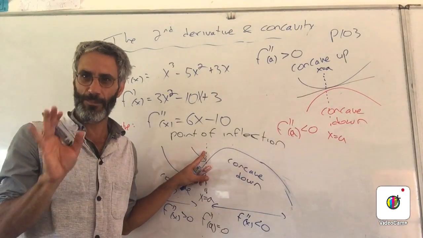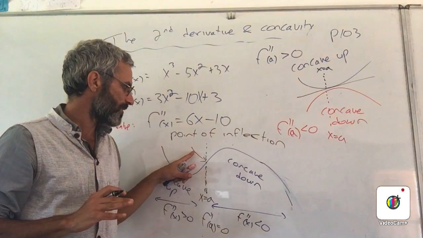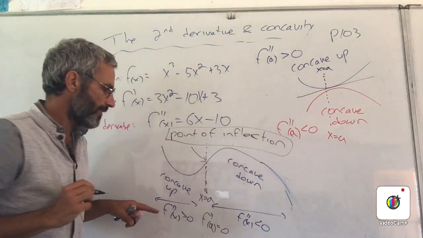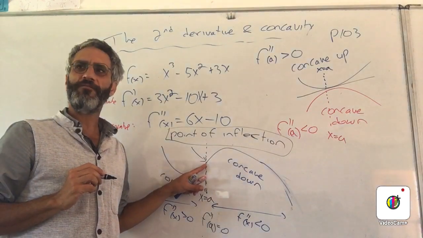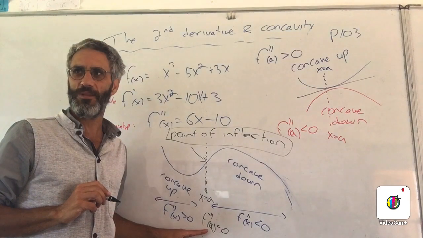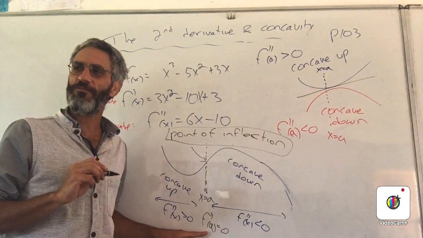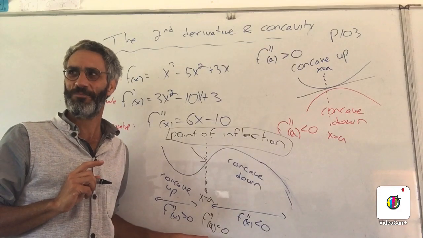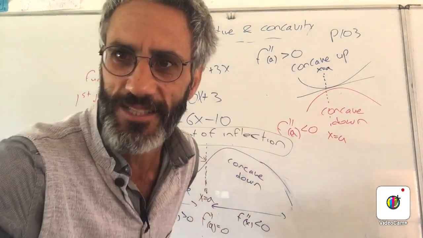We will see examples later, but JD told me something yesterday which is along this line. Every point of inflection definitely has a second derivative of 0. But if the second derivative is 0, it doesn't necessarily mean it's a point of inflection. We will see examples of that.